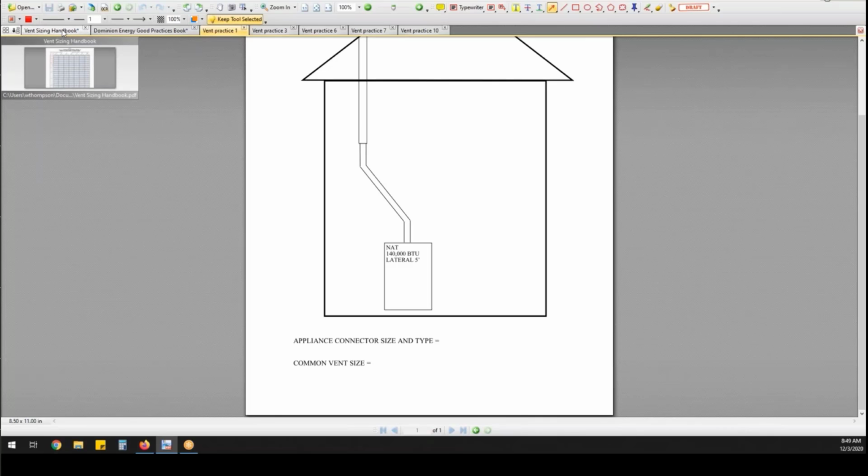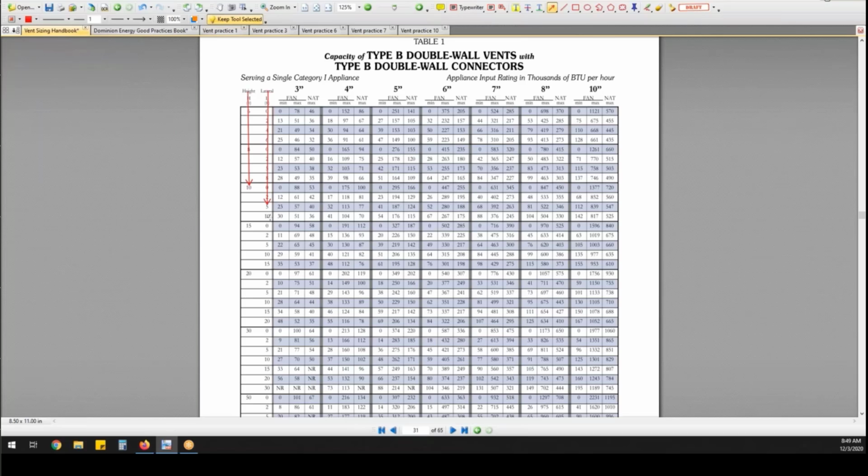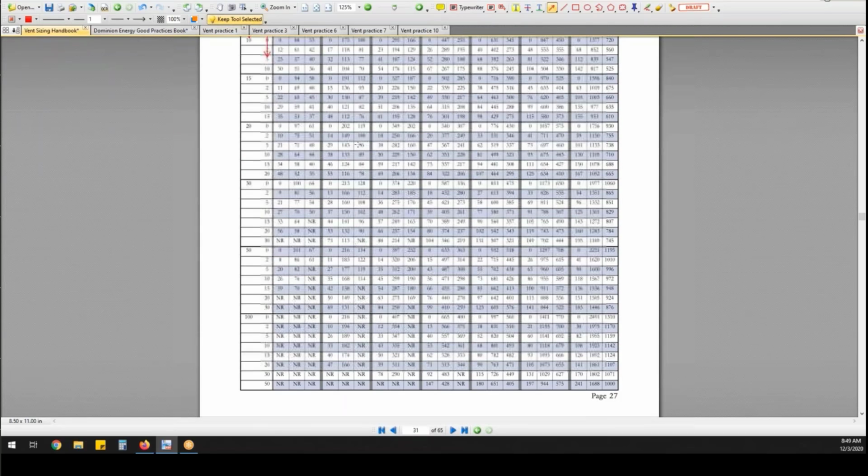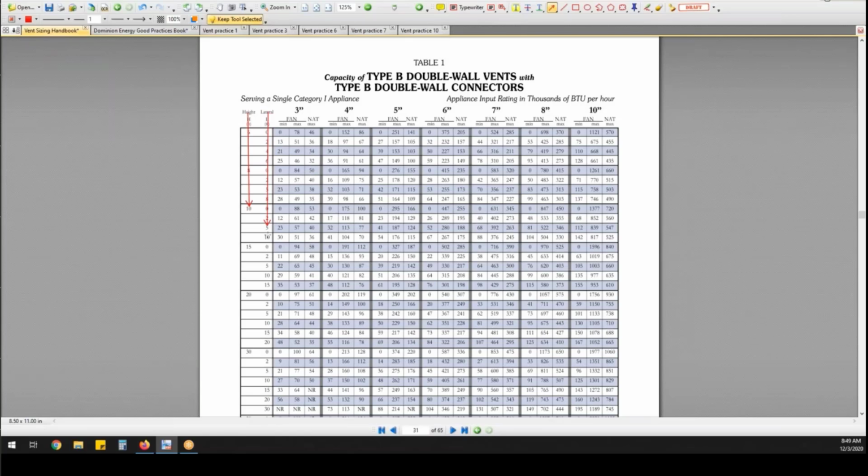So let's figure that one out first. So if I was going to use a type B double wall connector with a type B double wall vent, I'm going to come along here. I'm on my 10-foot height, my 5-foot lateral with a natural draft appliance. It's 140,000 BTUs, and I've got to read across until I can find one that will handle that many BTUs.